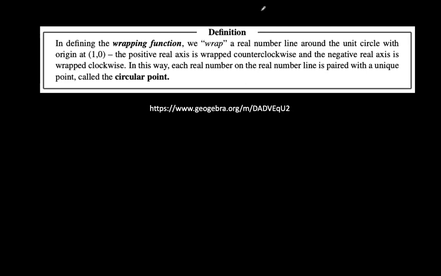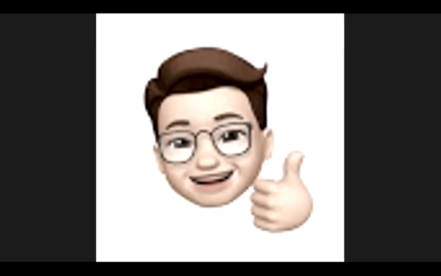The positive real axis is wrapped counterclockwise, and the negative real axis is wrapped clockwise. In this way, each real number on the real number line is paired with a unique point called the circular point. Naintindihan yung definition? I hope so.